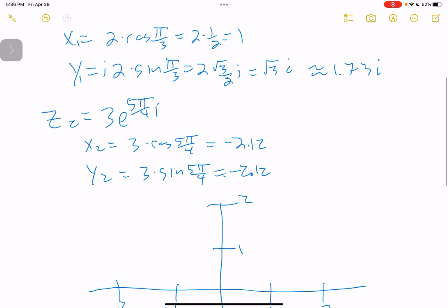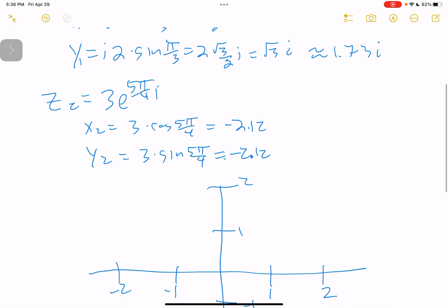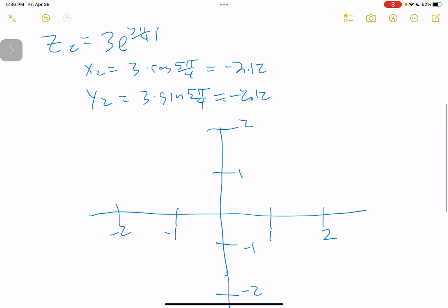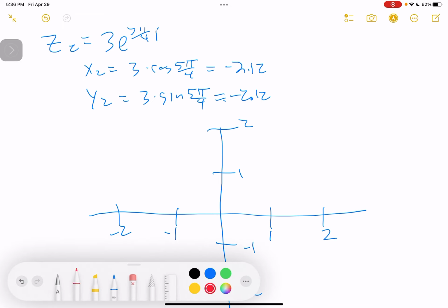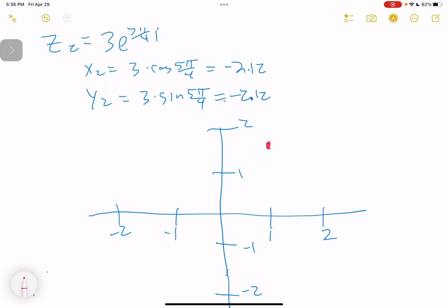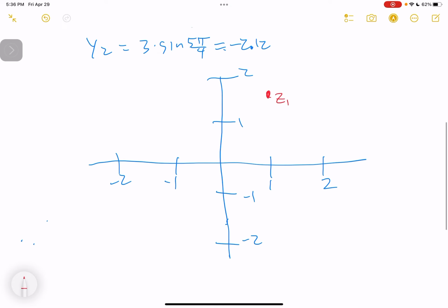So the first pair we have at 1 and 1.73, maybe right about there. That's our z1. z2, negative 2.12, negative 2.12, so someplace down over here.